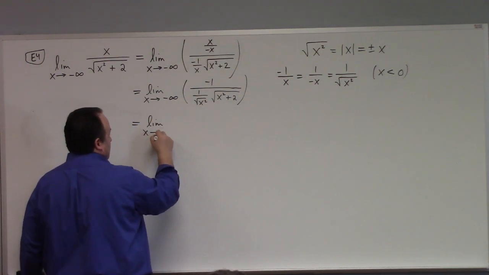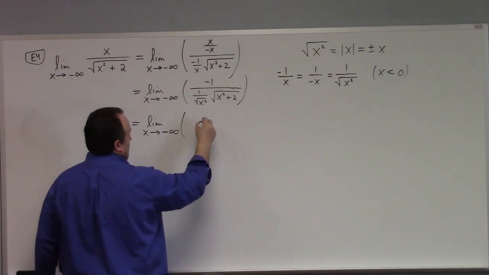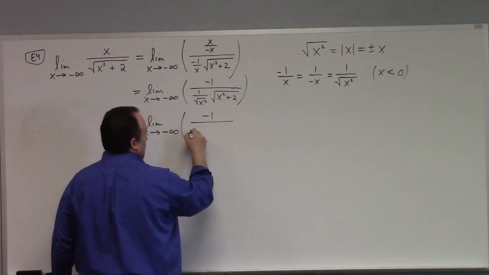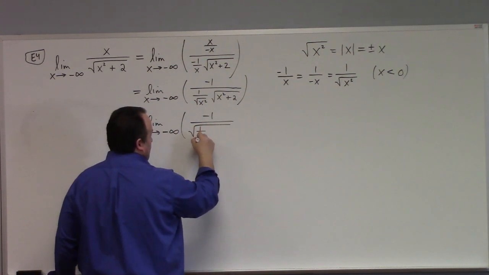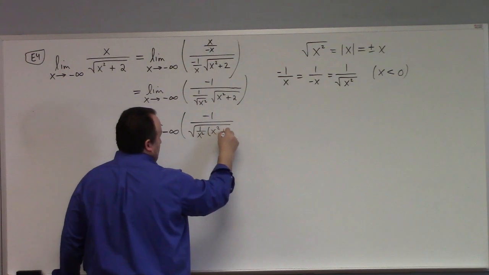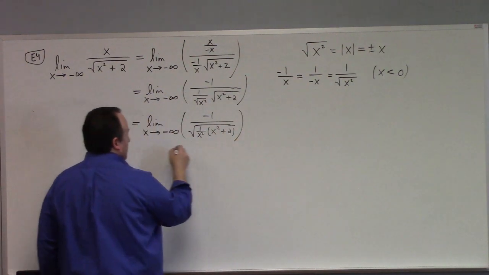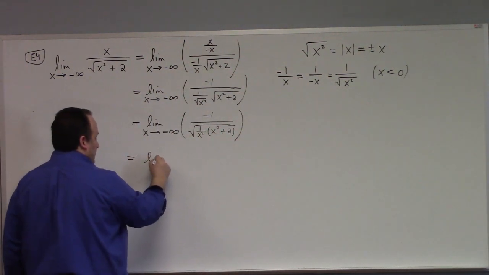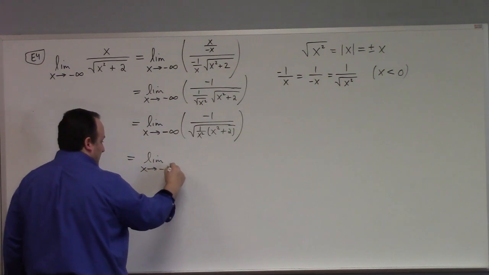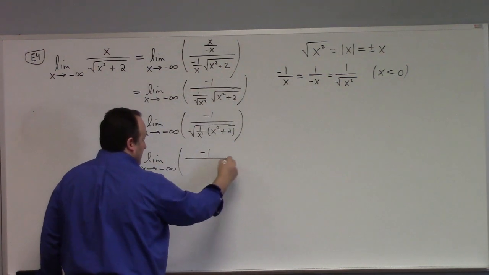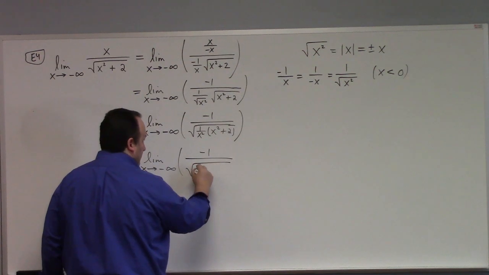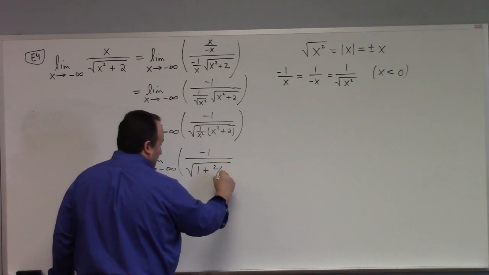Okay, so limit as x goes to minus infinity. We got minus 1 over the square root of 1 over x squared times x squared plus 2, which is the limit as x goes to minus infinity of minus 1 over the square root of 1 plus 2 over x squared.